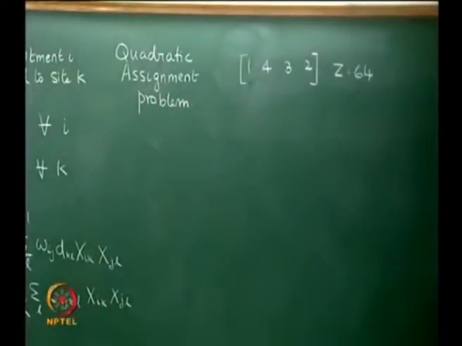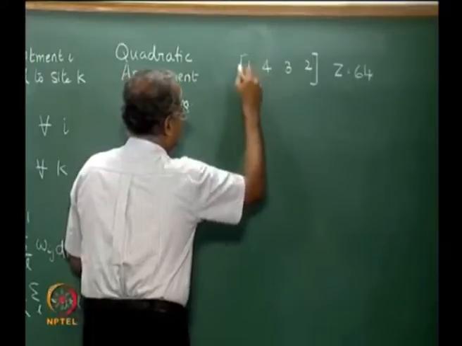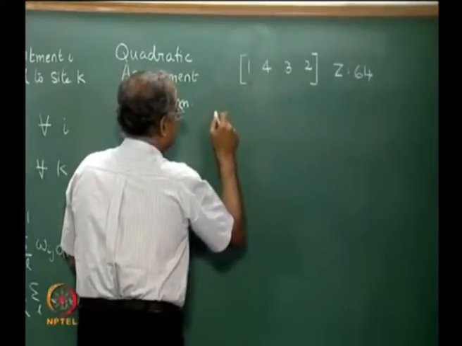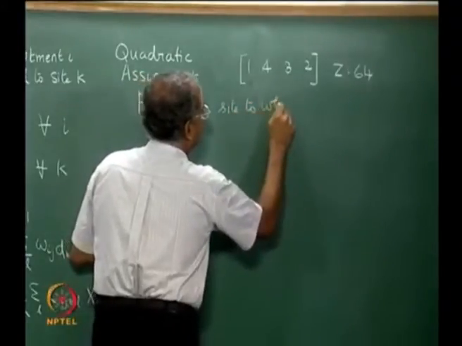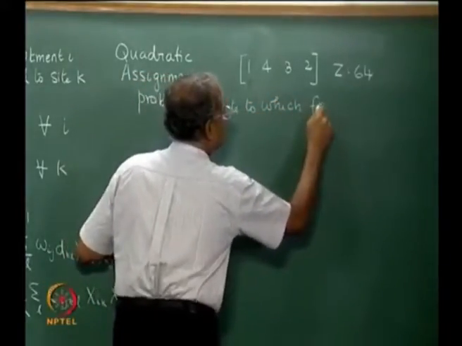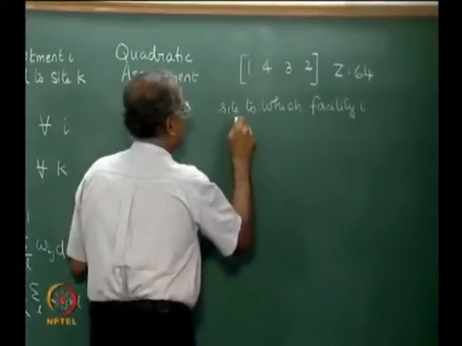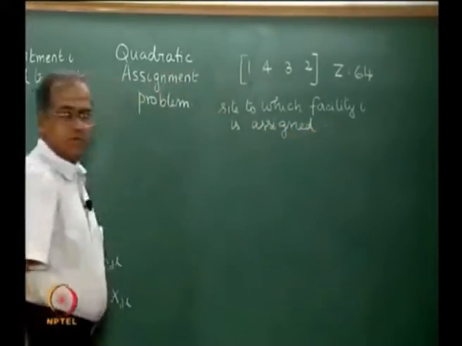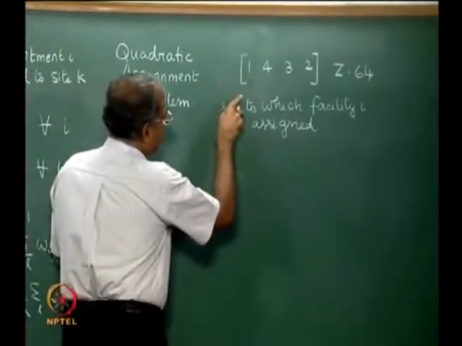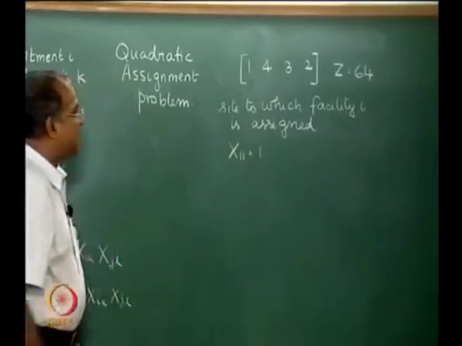So, let me explain first the notation and how we get this 1, 4, 3, 2. In this notation, each position represents the site to which facility i is assigned. So, this would mean that facility 1 is assigned to site 1, x11 equal to 1.